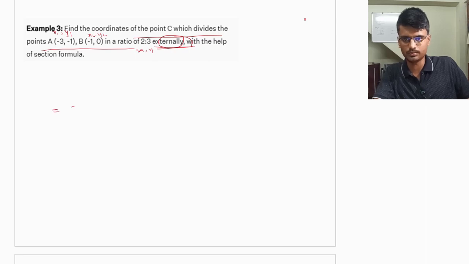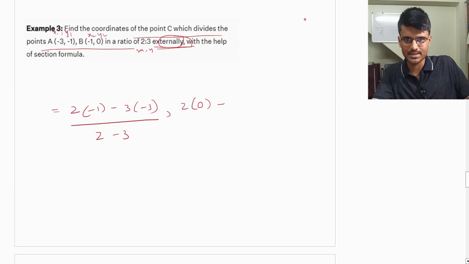Mx2 minus Nx1, x1 is minus 3, divided by M minus N, 2 minus 3. Similarly, M is 2, y2 is 0 minus N, y1 is minus 1, divided by M minus N.